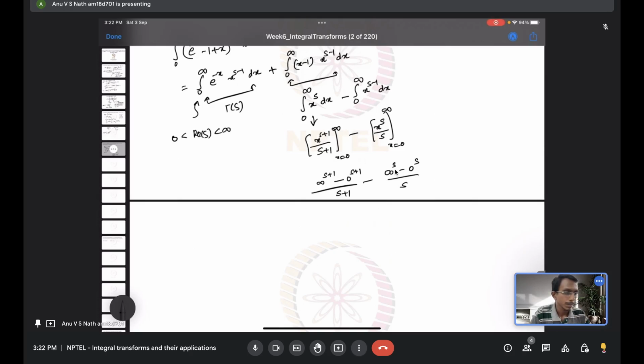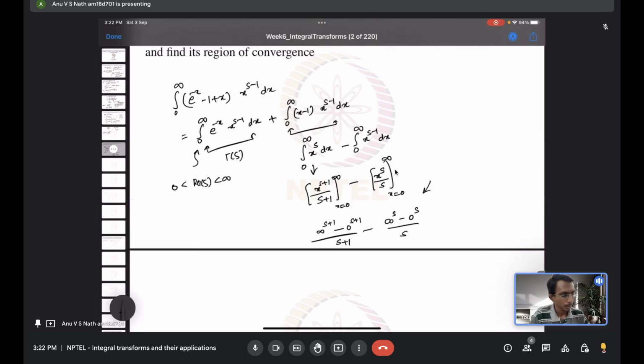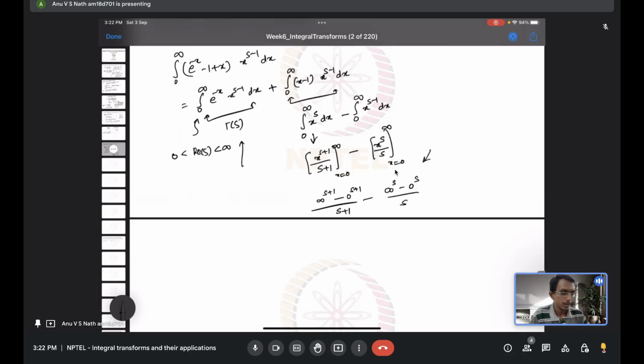Right now it looks complicated. Here you have a definite answer, a gamma function, and the other two terms are infinity raised to some constant by s plus 1, minus some constant by s, where the constant is infinity minus 0.